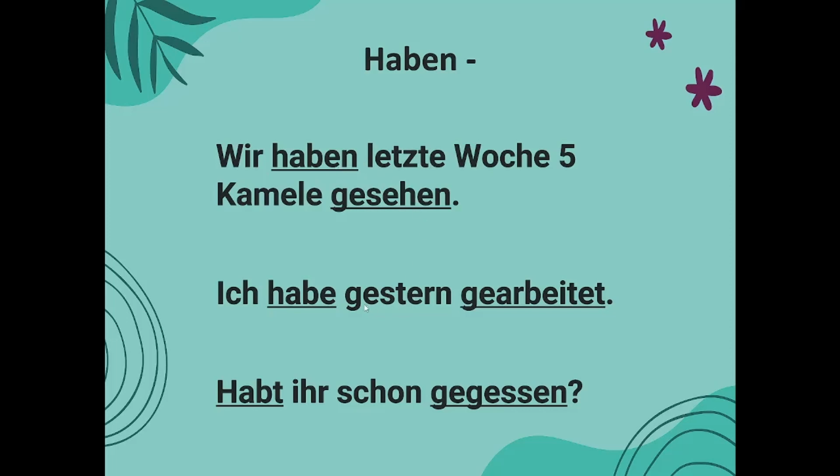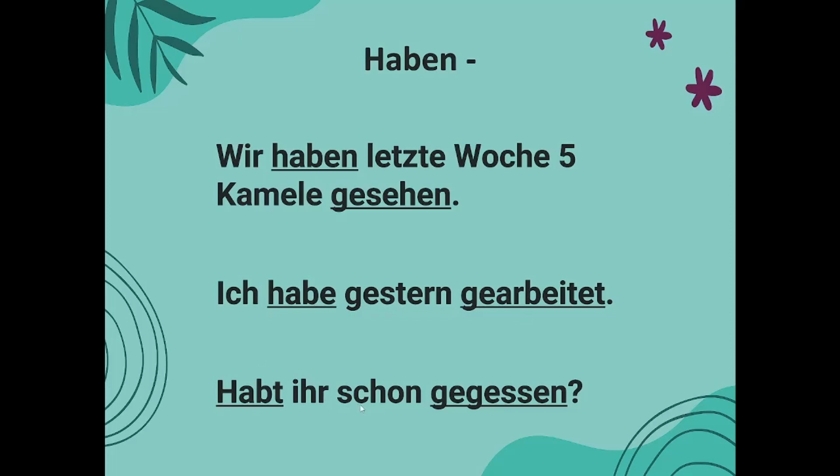And even when you work, you are doing some work, but there is no change of location. So here, ich habe gestern gearbeitet. Arbeiten is the verb. It got changed to gearbeitet. So G form and T at the end. Gearbeitet. And haben got conjugated for singular ich. So ich habe gestern gearbeitet.